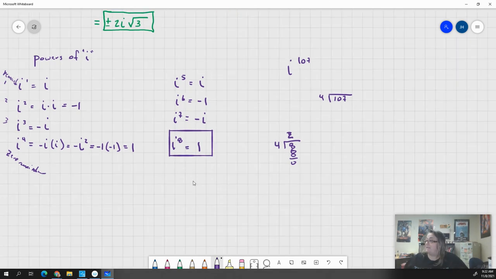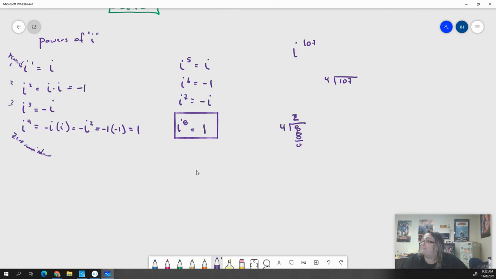So think about this. If we look at 107, well, 4 goes into 10 2 times, and I get 8. And then I'm going to have 27. 4 goes into 27 6 times, right? Which would give me 24. And I have a remainder of 3. So i to the 107th power equals negative i.